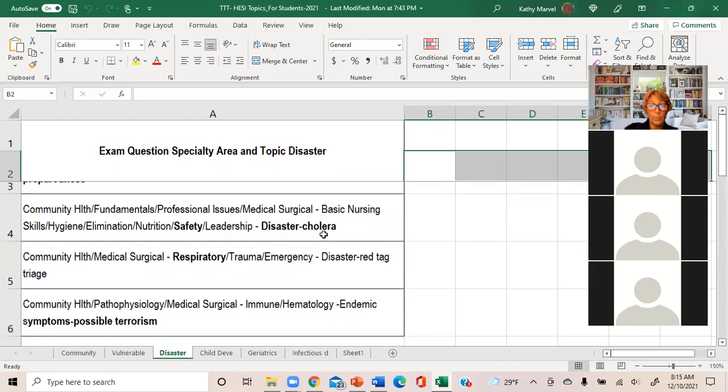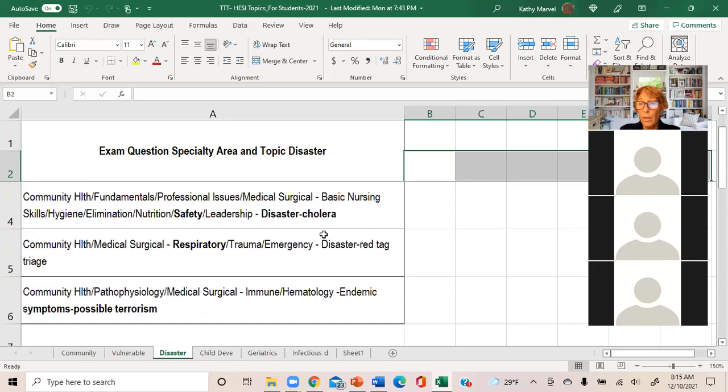Number 4 would be, why do we think cholera comes up? Is that pretty common after disasters? And why? Lots of bacteria, dirty water.